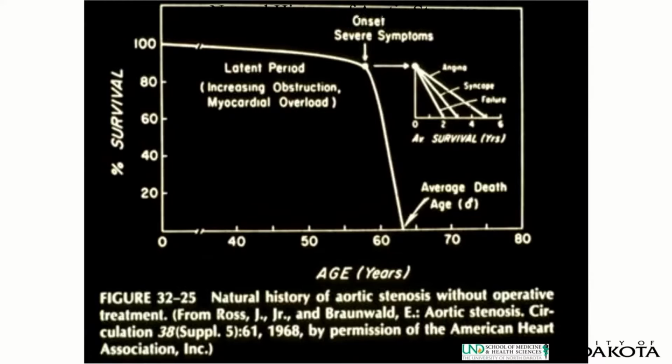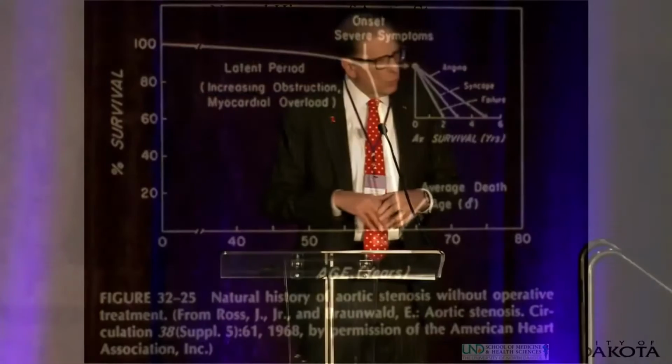Dr. Sharma referenced this, but this shows you, this is something I use more with the medical students and the other health sciences students, but this looks at survival versus age. And notice what the diagram shows, that over 10, 20, 30, 40, 50 years of life, the typical patient is going to be in what we call the latent period, where there is very little loss of life until the person becomes symptomatic, and that's the inflection point.